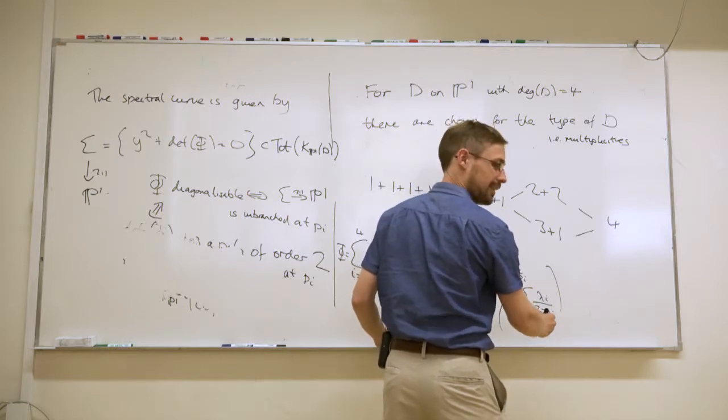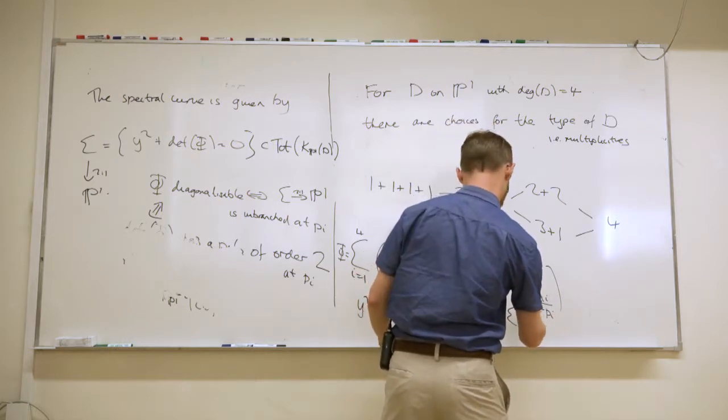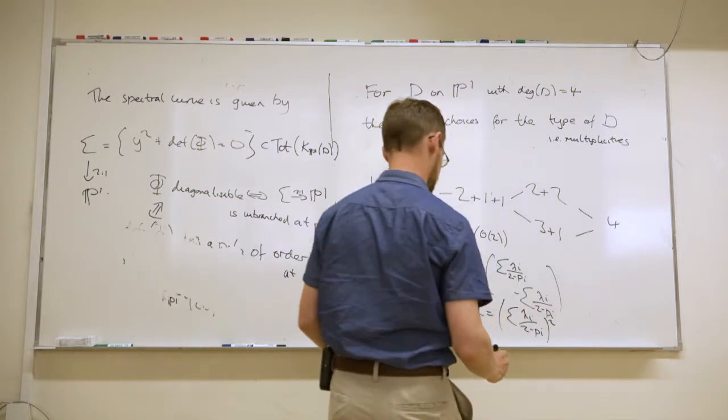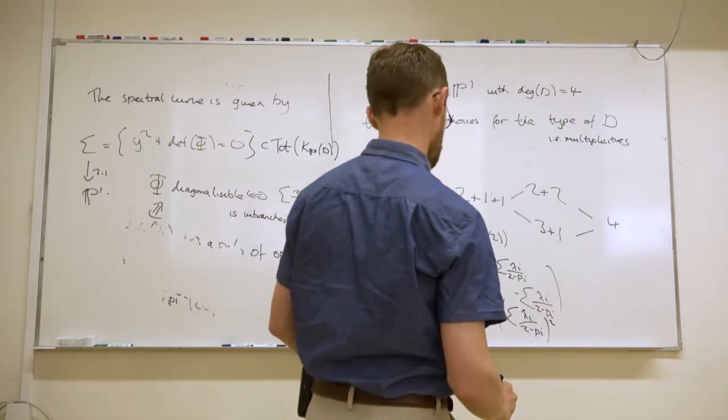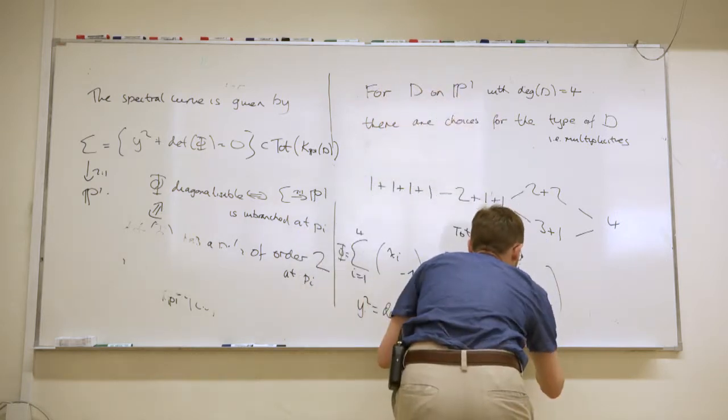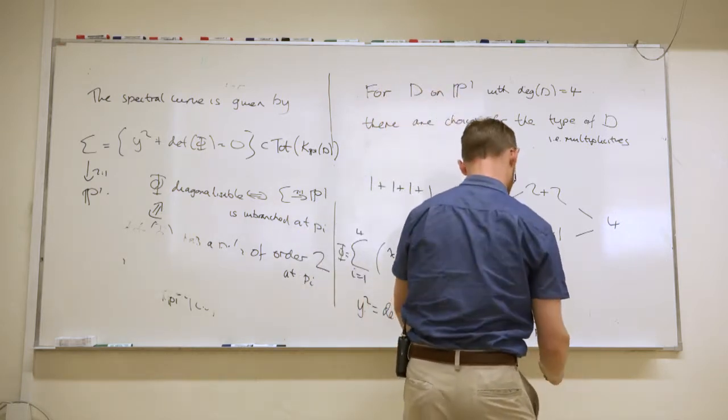That's the determinant of the leading part, right? This squared. Right, so does this look like an elliptic curve?